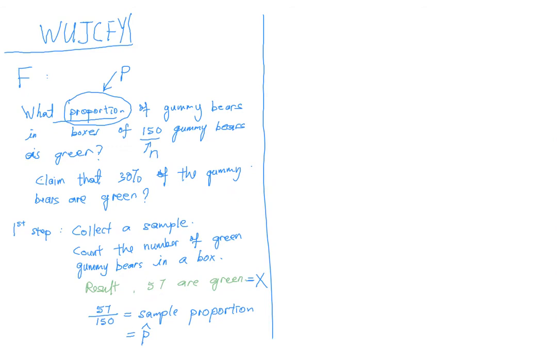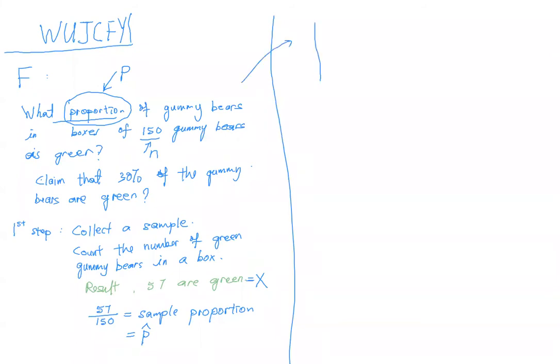So this population, if I plot the distribution of the population, it will be like proportion. This is green, and the other one is not green, correct?